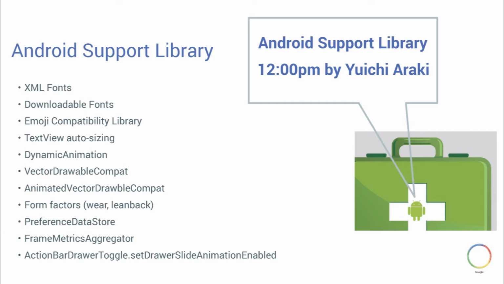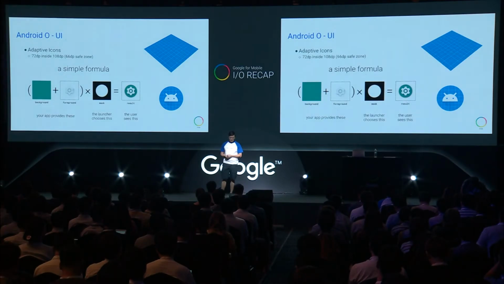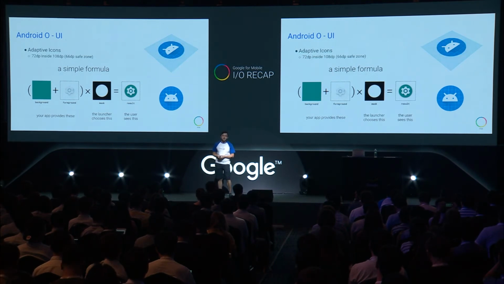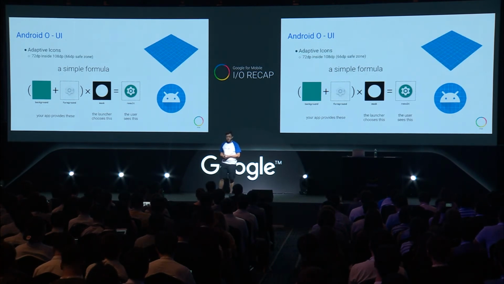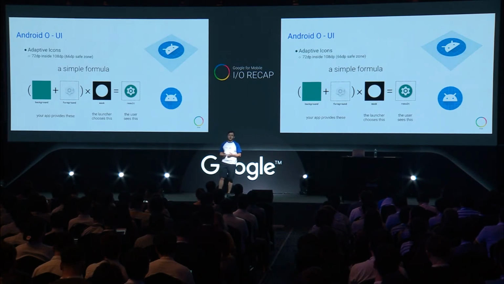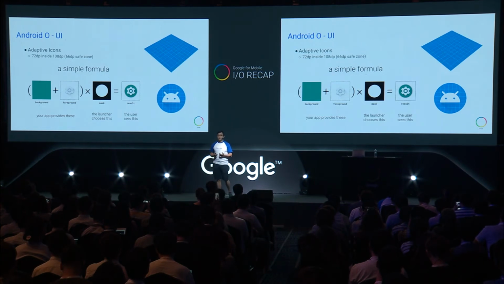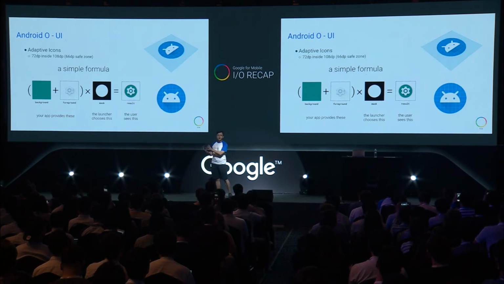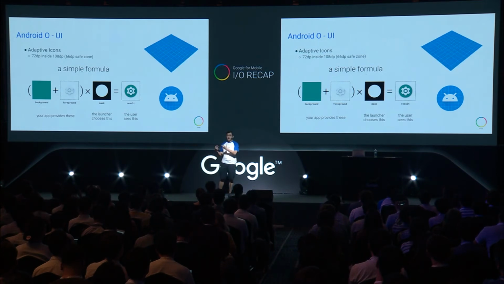Okay, so let's jump to the new parts of Android O. So what's new? In UI, we add a new feature called adaptive icons. We understand developers suffer a lot because they have to handle different sets of icons for different OEMs. Maybe one OEM wants a circle icon, and the other OEMs want a square icon, right?